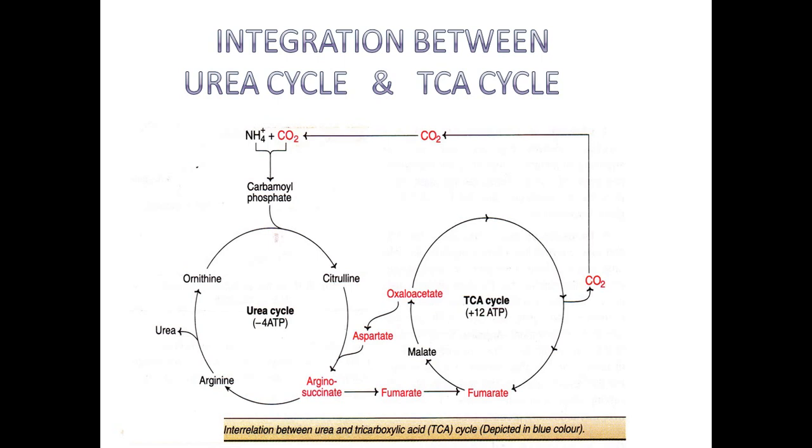The arginosuccinate that is formed in the urea cycle is cleaved to arginine and fumarate, which enters into the TCA cycle and gets converted to malate and oxaloacetate. Likewise, the continuous removal and replenishment of these substrates takes place because of the interconnection of the urea cycle and the TCA cycle. That is why these reactions are called anaplerotic reactions.